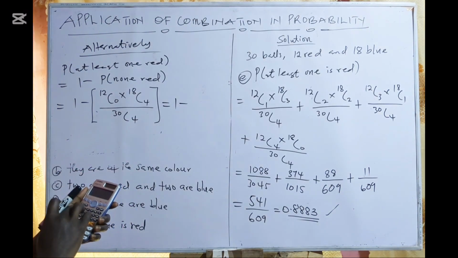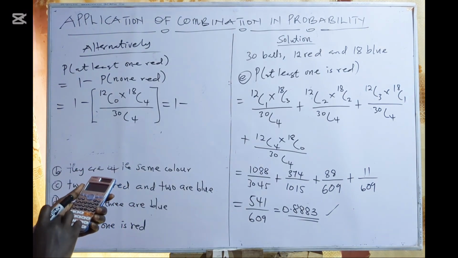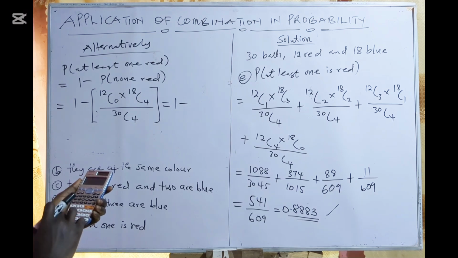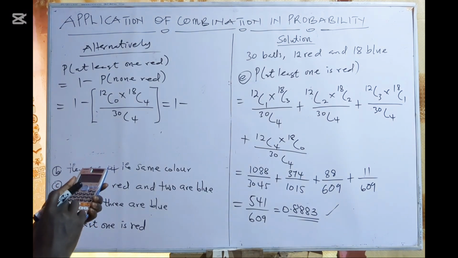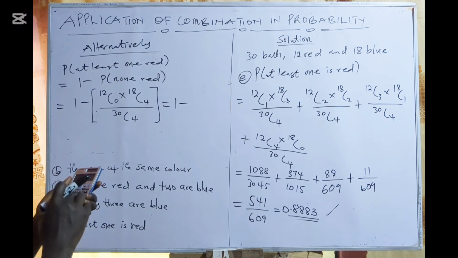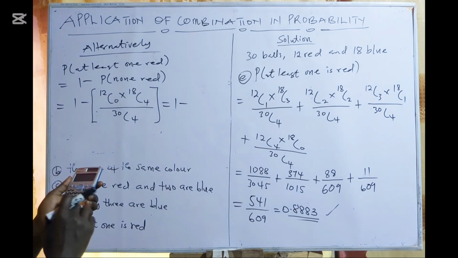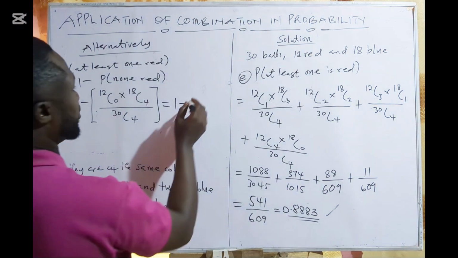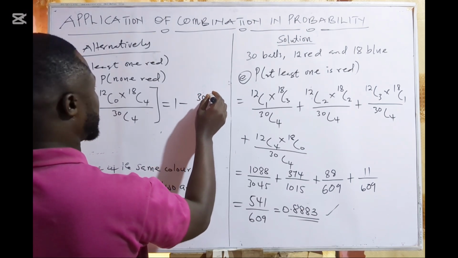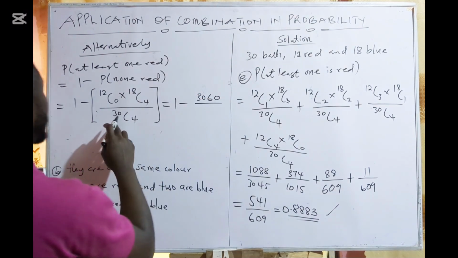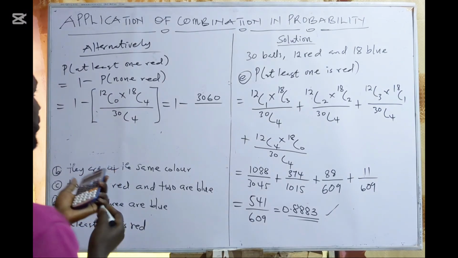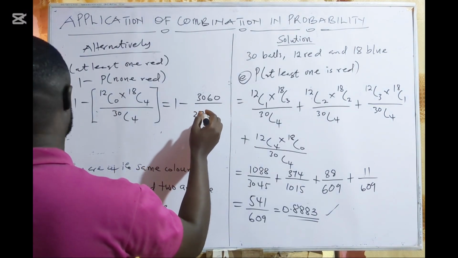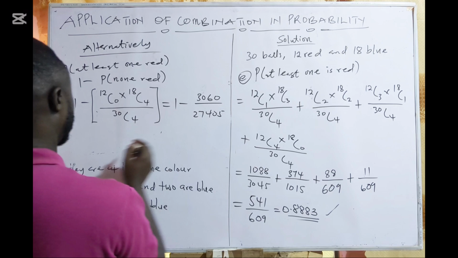So let's see what we are going to get. 12 combination 0 times 18 combination 4. That will give us 3060, all divided by 30 combination 4, which is 27405.